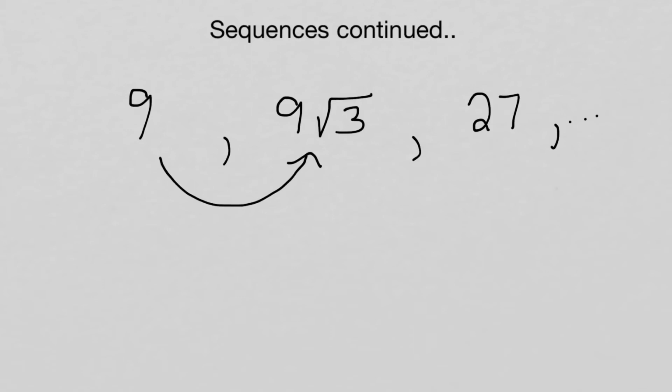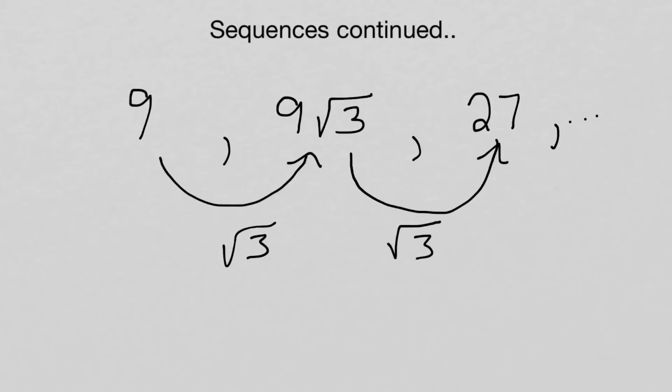That's pretty obvious. We're just going to multiply it by the square root of 3. 9 times the square root of 3 is 9 times the square root of 3. So let's see if that works for this one. Can I multiply this by the square root of 3 and it become 27?